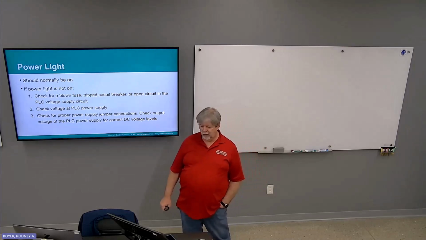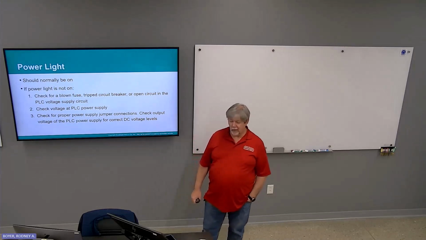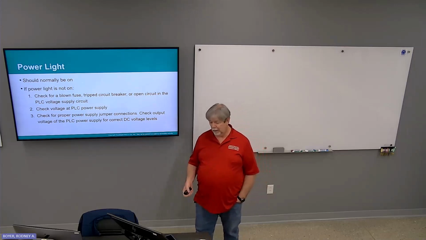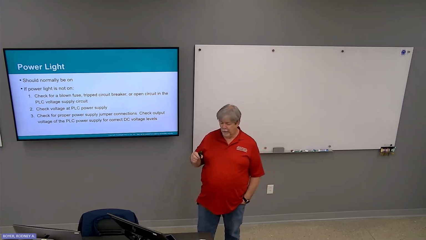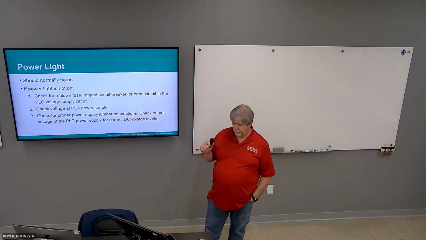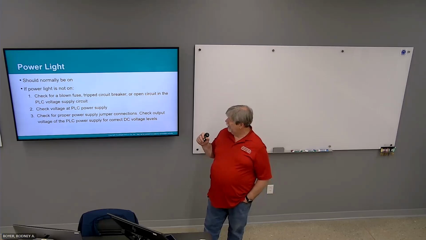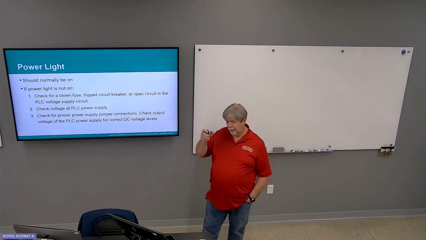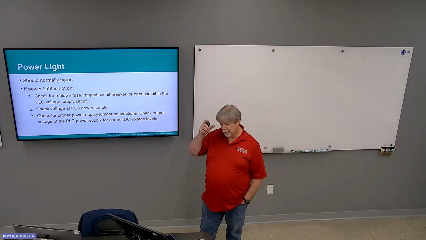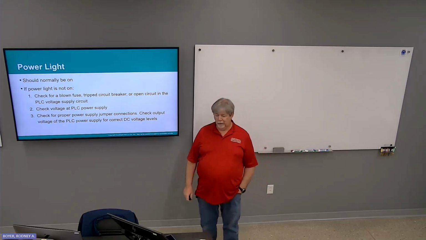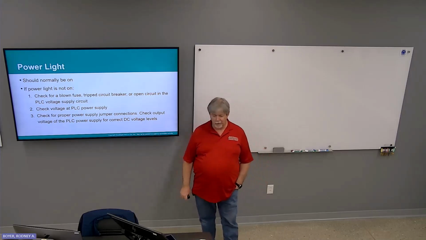Power light should normally be on. If it's not on, check the blown fuse, trip circuit breaker, open circuit in the supply circuit. Check voltage at the power supply, and check for proper power supply jumper connections. Check output voltage of the power supply for correct DC voltage levels.